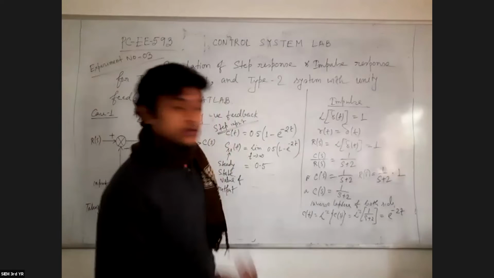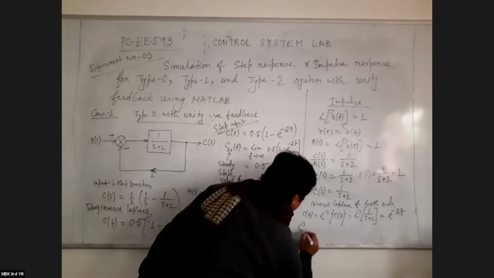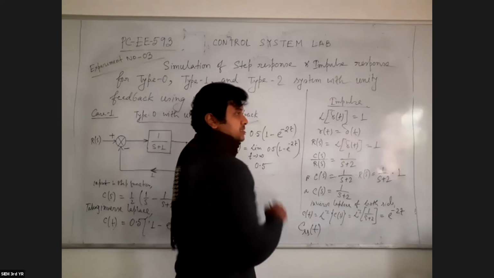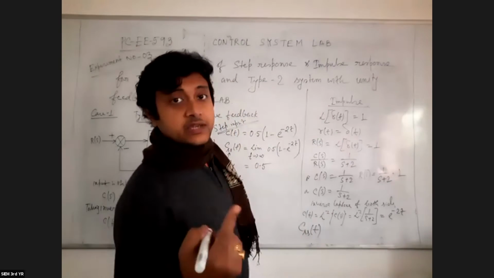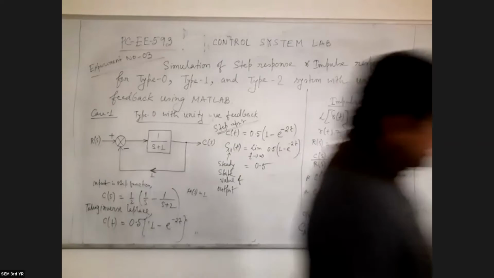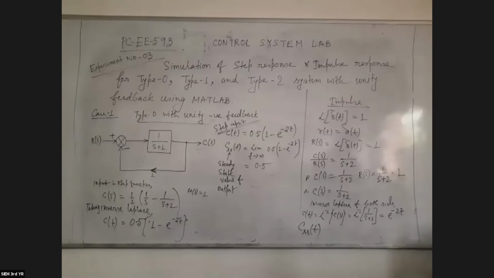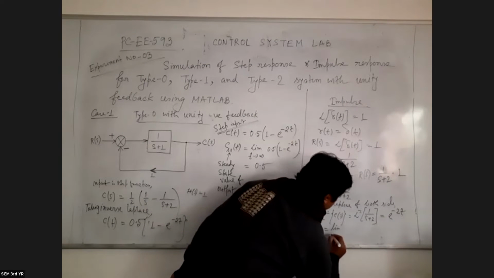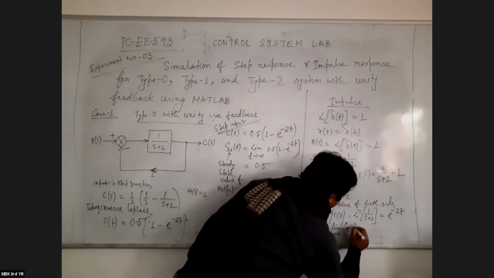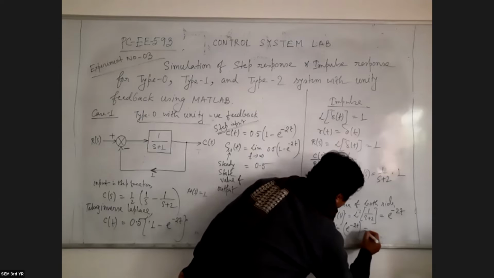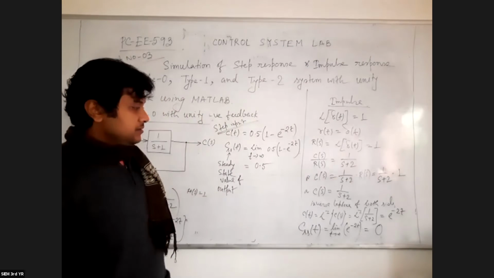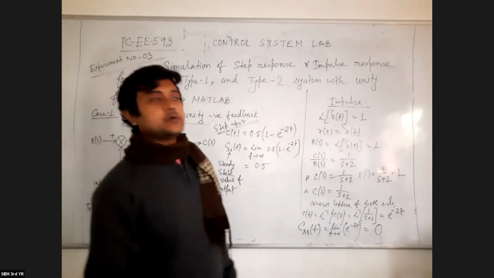Now what is the steady state value c_ss? The ss represents steady state. So the steady state value represents limit t tends to infinity of e to the power minus 2t. This becomes 0. Clear? So the final value becomes 0.